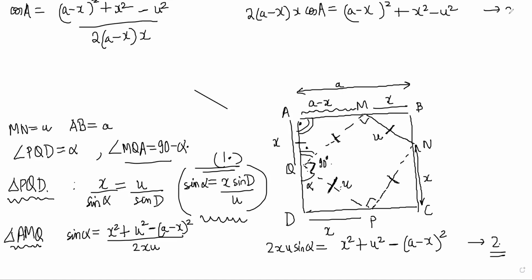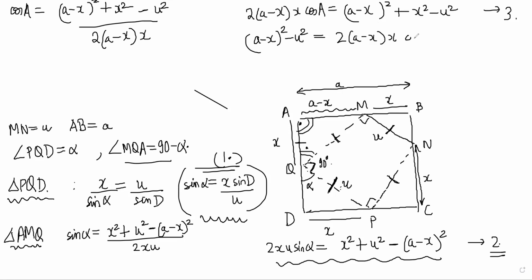This is result 3, right? We have result 2 here, where, if you notice, x² − u² was there and (a − x)² was added, and here it is u² − (a − x)². So if I isolate (a − x)² − u² from 3, I will get that equal to 2(a − x)x cos A − x², right?